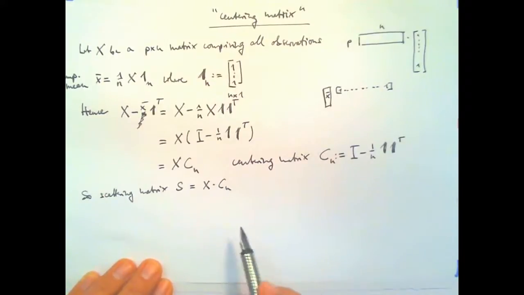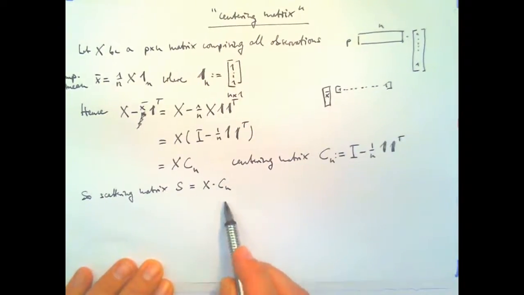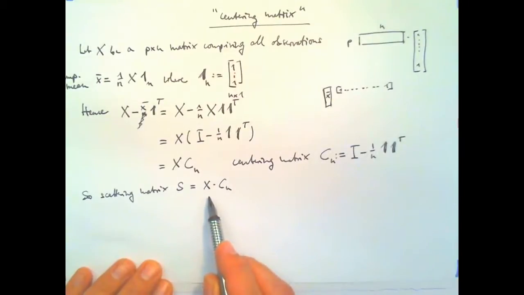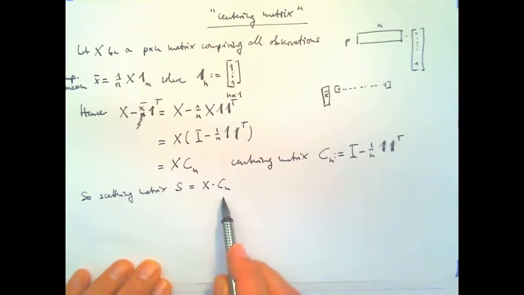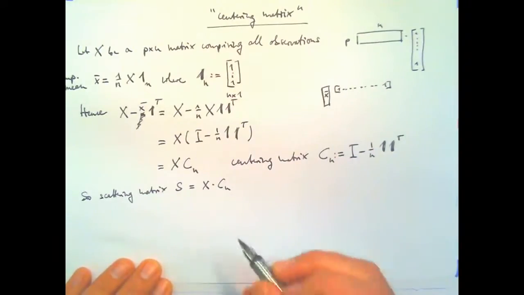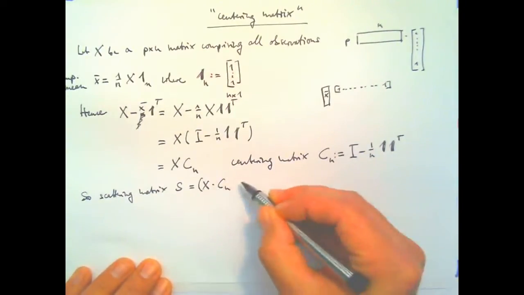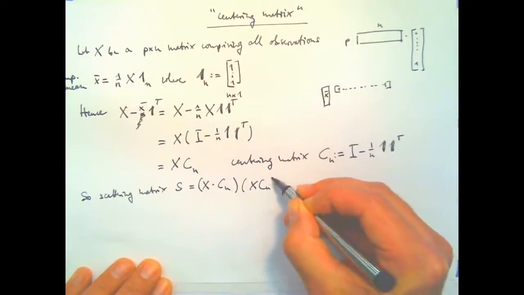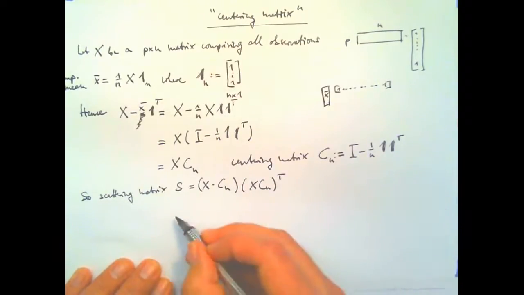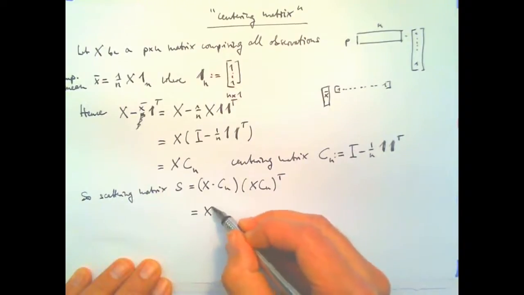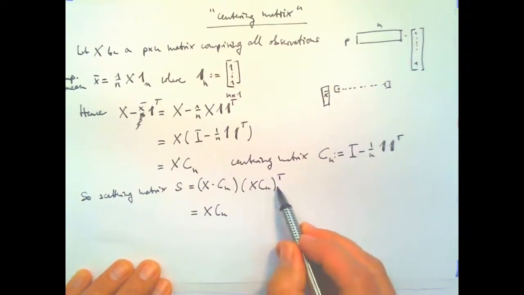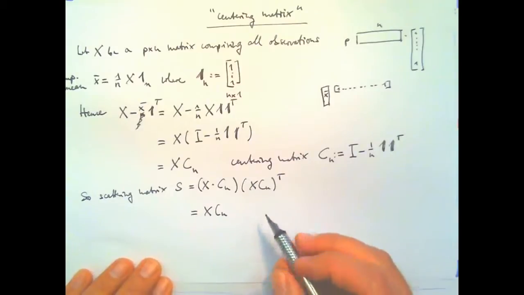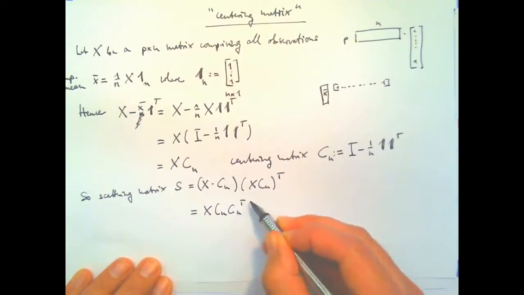This was my centered data set, so the original observations with their mean subtracted. And whenever I transpose a product of two matrices, I can write that as C_n transpose X transpose.